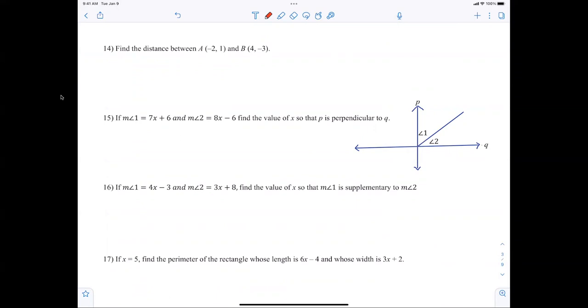Yeah, 90. They add up to 90. So in this case, we're just going to say 7x plus 6 plus 8x minus 6 equals 90. You agreeing with that? So now we just have 15x equals 90, so x is equal to 6.